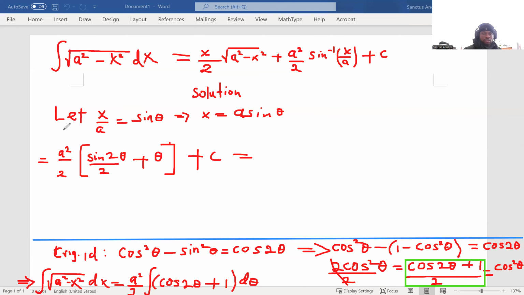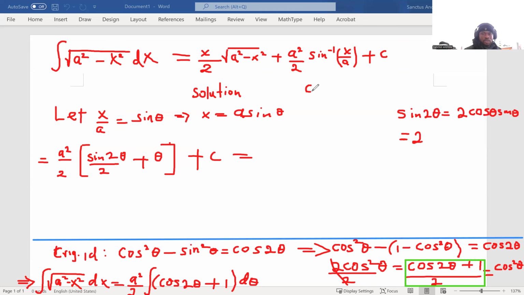We can, from the trig identity, which says sine 2 theta is equal to 2 cos theta sine theta. That is another trig identity. And then we also have that this can be 2 cos theta.